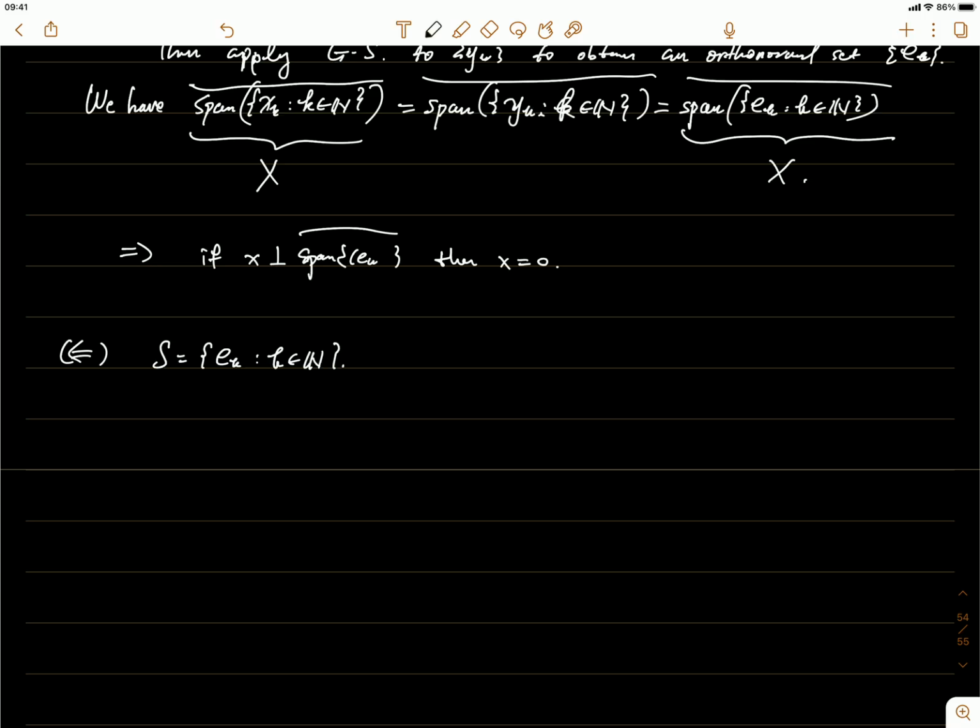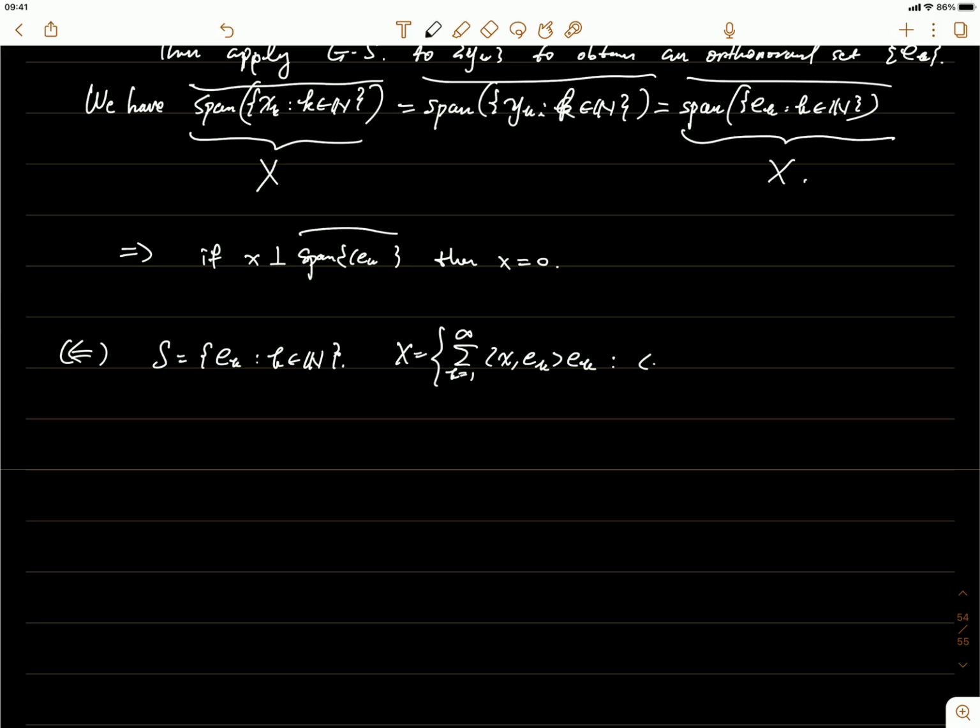And I want to show that the space X must be separable. Why is this separable? Any x, I know that in this case, any x can be written in this way, x equals the sum of alpha k ek.